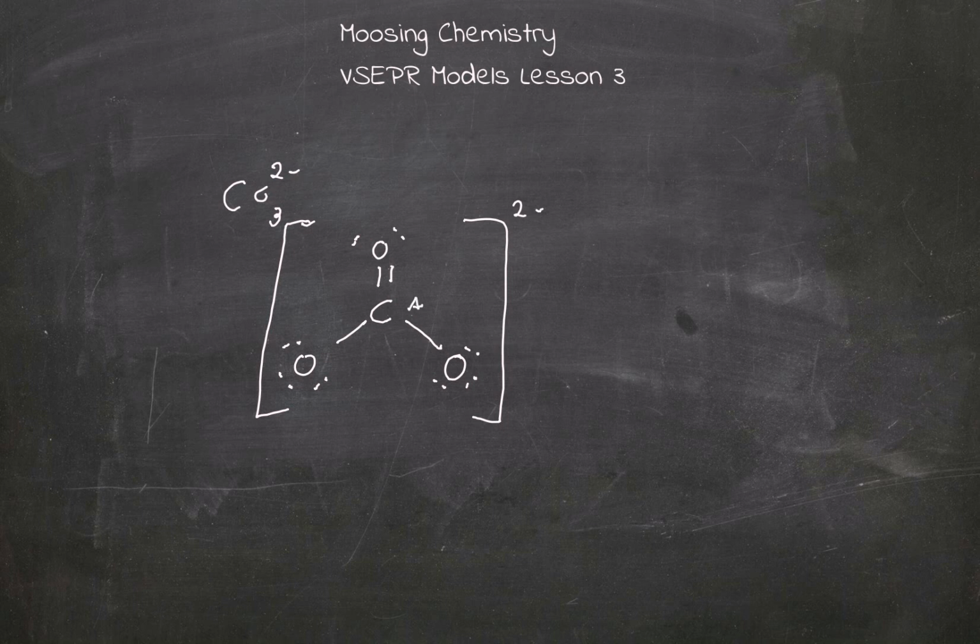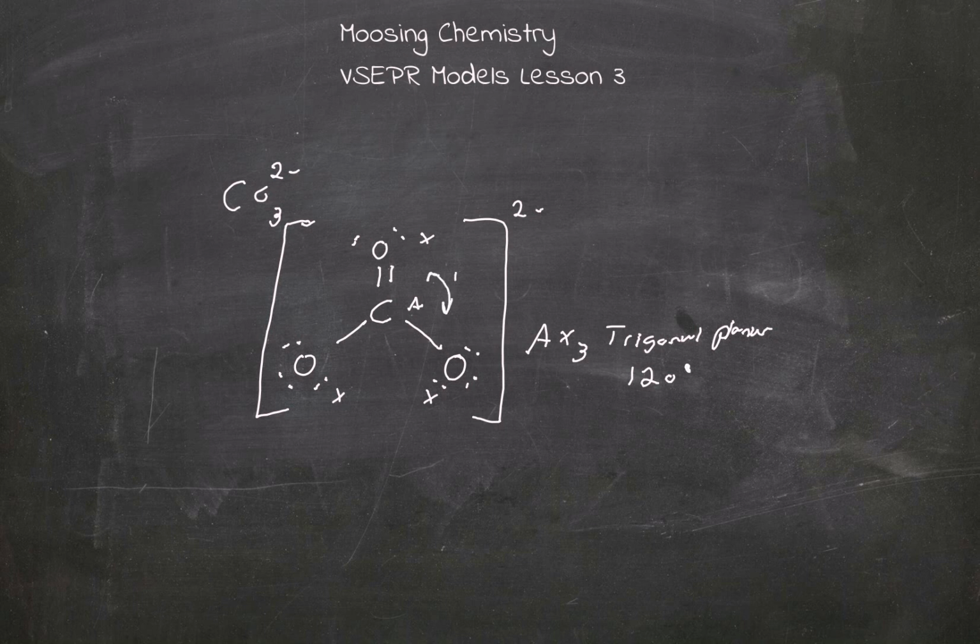And notice that this is A, this is X, this is X, this is X. This is called AX3, which we call a trigonal planar. And its bond angles are 120 degrees.